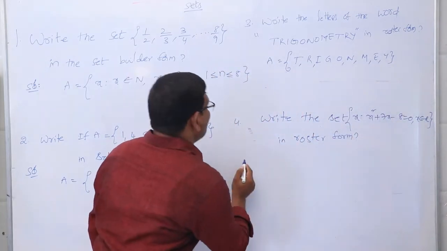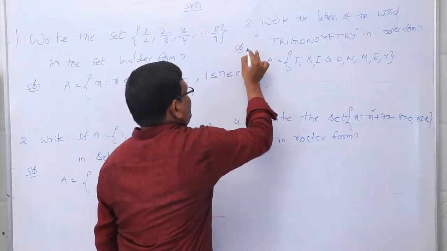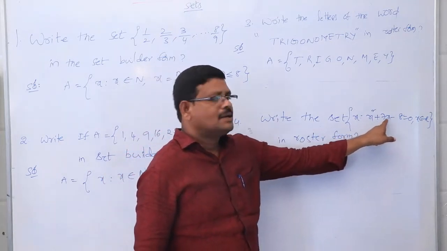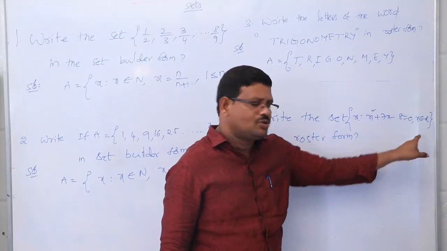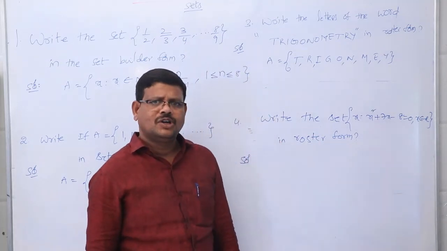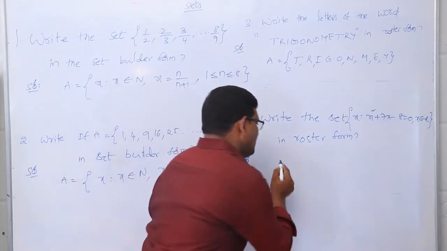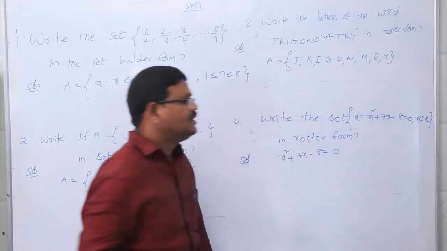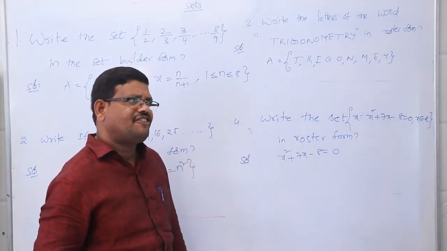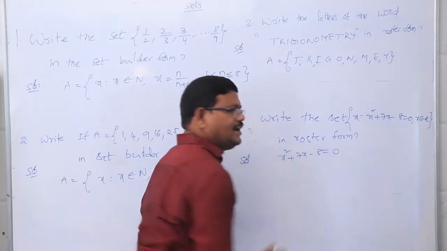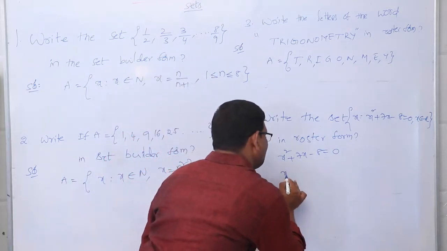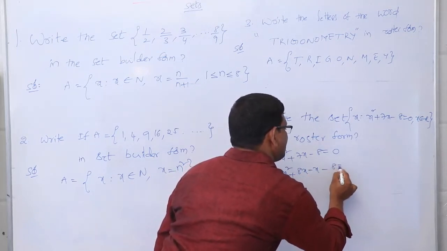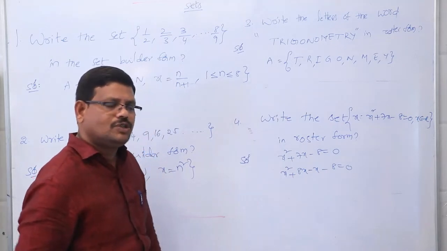Next one, the fourth question is: write the set x such that x square plus 7x minus 8 equals 0 in roster form. If you solve the equation x square plus 7x minus 8 equals 0 by factorization, 8 into 1 equals 8. We will write the factors: x square plus 8x minus x minus 8 equals 0.